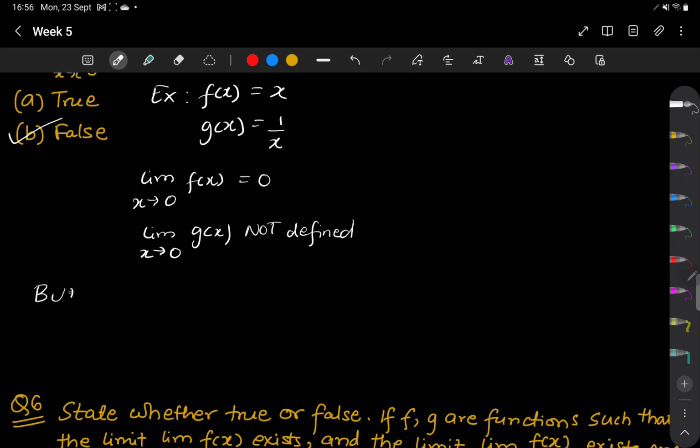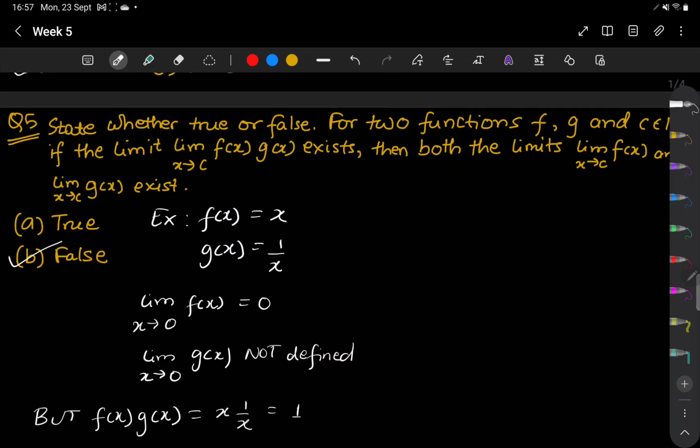However, if we take the product f(x) g(x), this is x times 1 over x, which is equal to 1, and clearly the limit as x tends to 0 for a constant function 1 will be 1, and it exists.